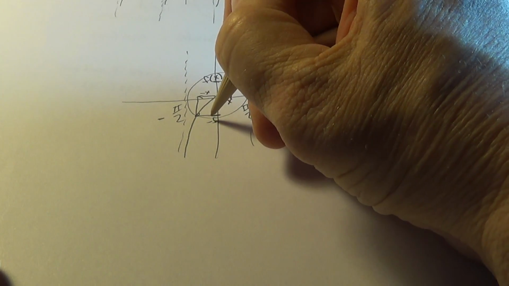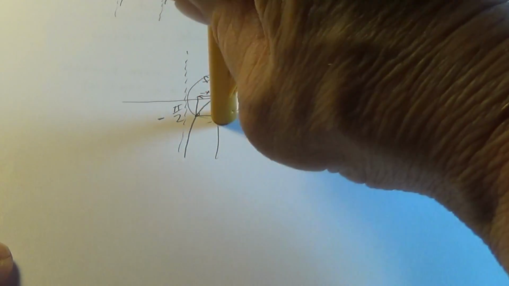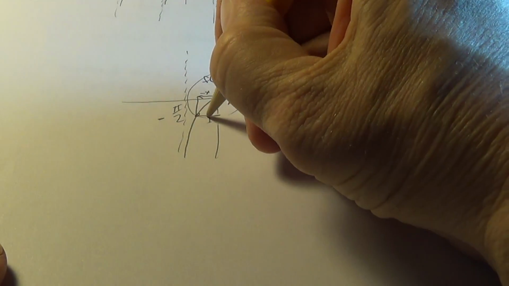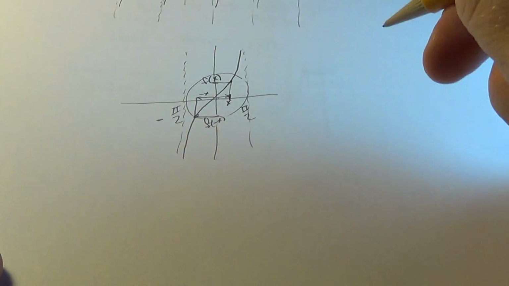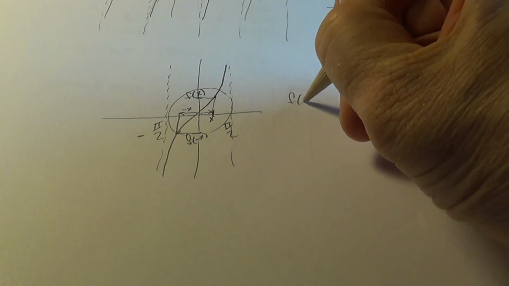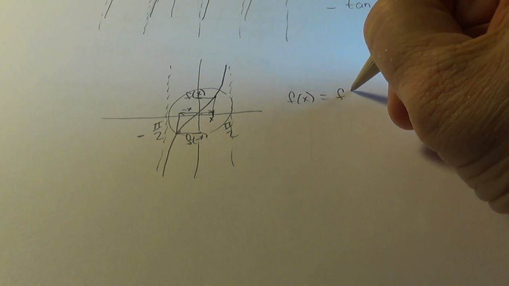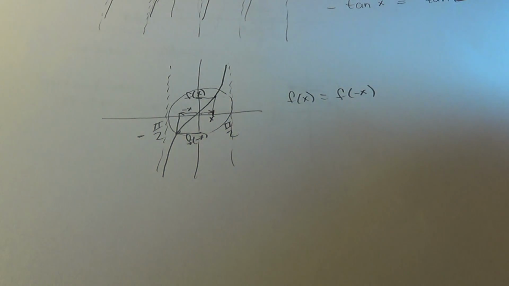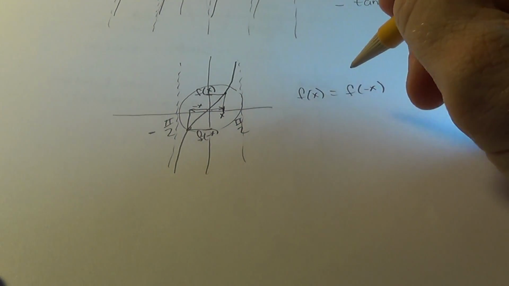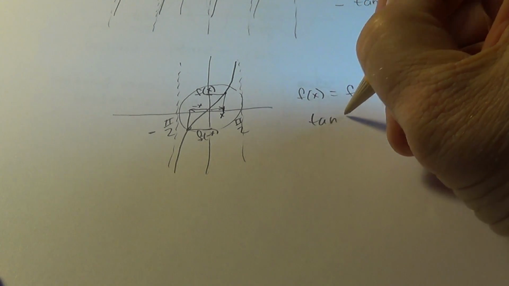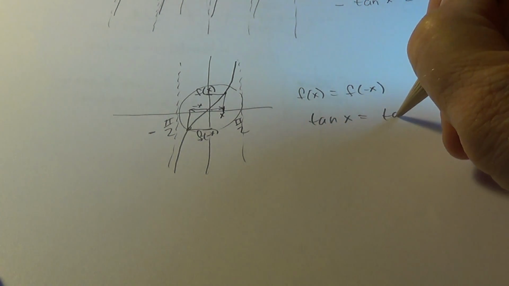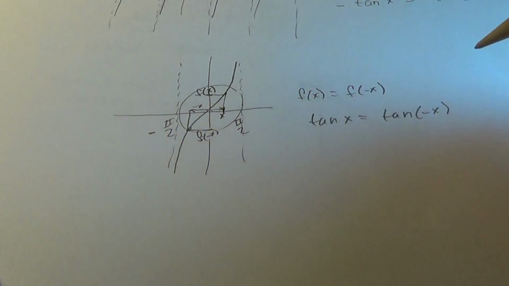That's f of negative x. So f of x and f of negative x, in terms of tangent, that's tangent of x and tangent of negative x, are not equal.